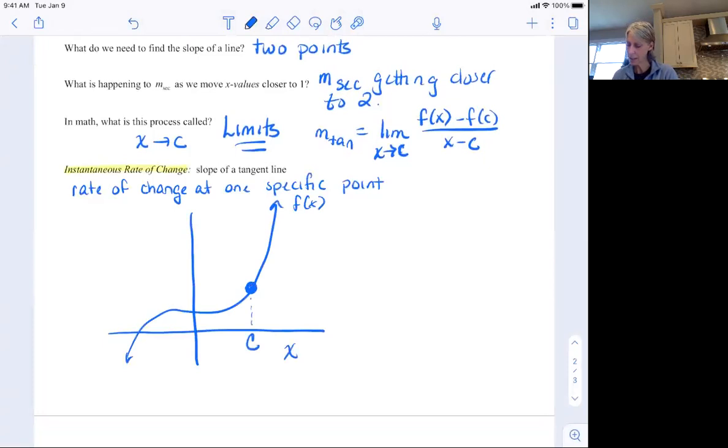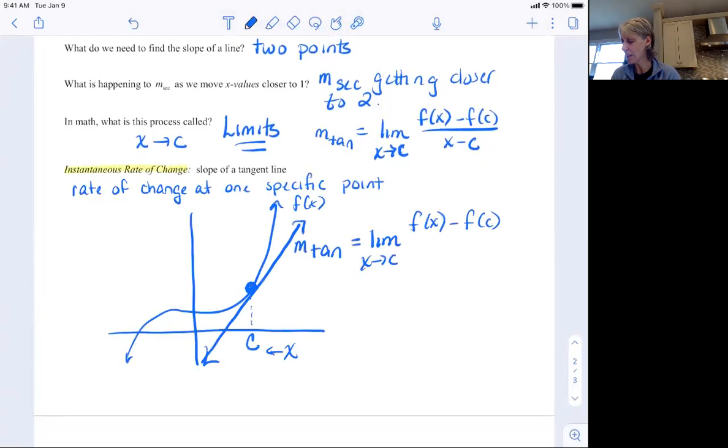So as x gets close to c, we can find the slope of the tangent line by evaluating, and I'm going to have you write it one more time: the limit as x approaches c of f of x minus f of c over x minus c. When we use this rule, it's really easy.